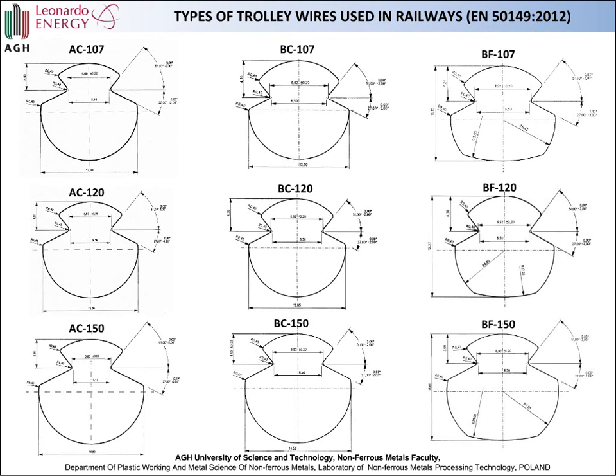The difference between A and B is in the distance between the rows of the wire, and the difference between BC and BF is in the bottom part of the wire. In the BF construction, the bottom part of the wire is flattened in order to achieve better contact with the pantograph.